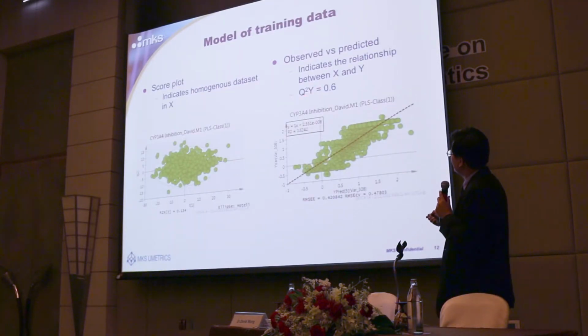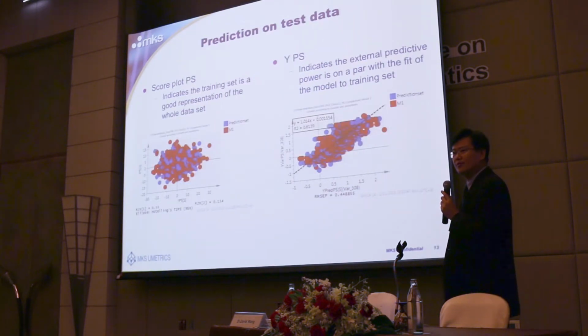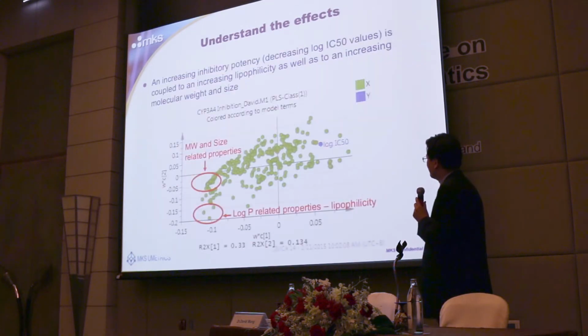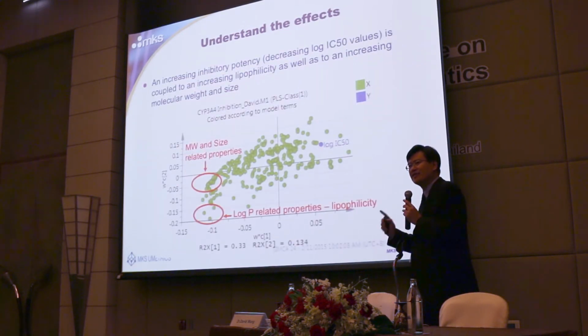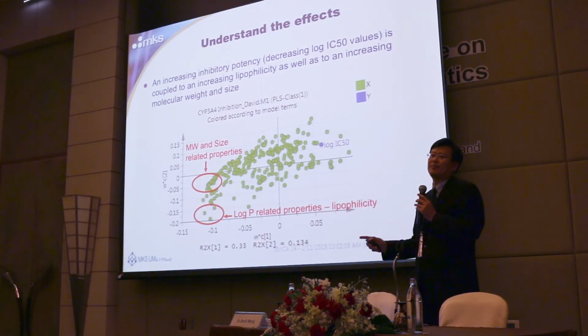And from here we can see the prediction is pretty acceptable, I should say. And we can do the validation. We can have a different set of data, and we can do the justification to say if our model is good or not. Okay, so with this model in hand, we can do the prediction.